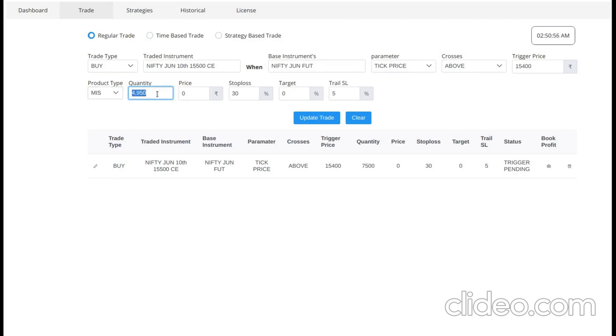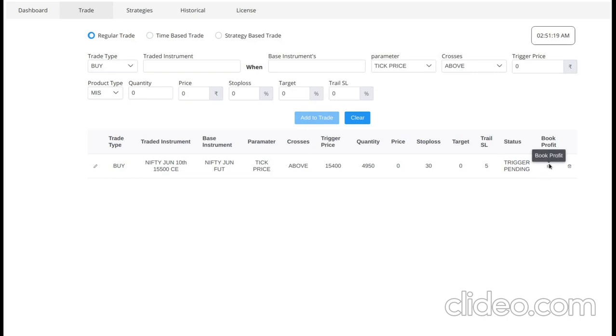Then the software will close the position for the amount which is the difference. So now your system will have only the positions for the 4,950 quantity. This is only when the trade is happening or the trigger is met.